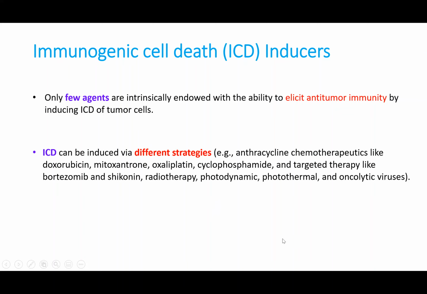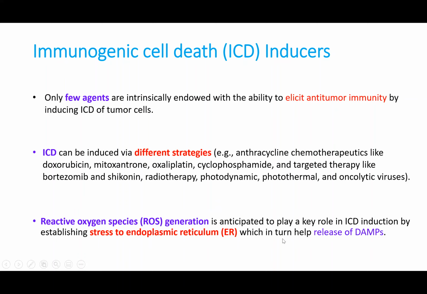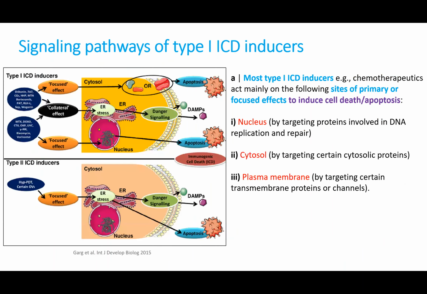All these strategies depend on generation of reactive oxygen species. This is very important to induce oxidative stress to the endoplasmic reticulum, resulting in release of DAMPs from the immunogenically dying cancer cells.